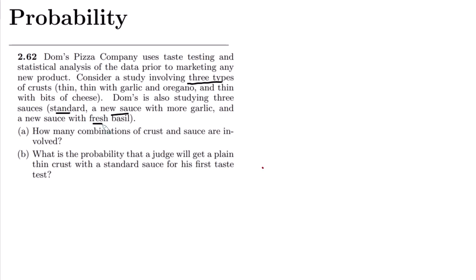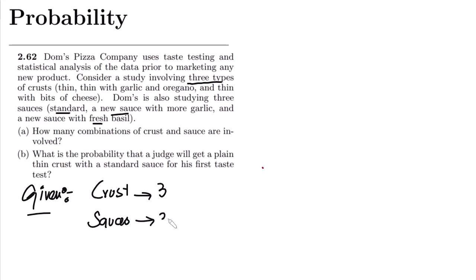The given data is that for the crusts I have three choices, and for the sauces I also have three choices. How many combinations of crust and sauces are involved?